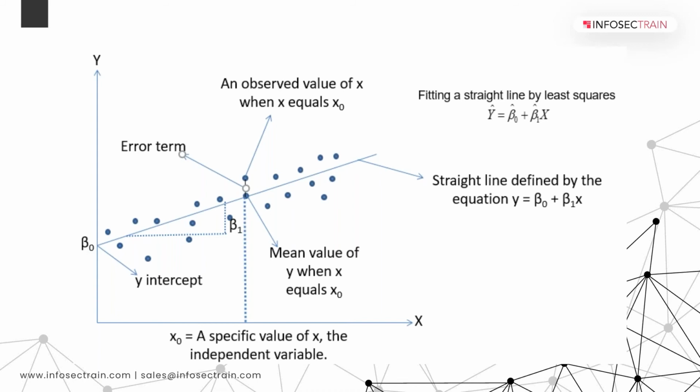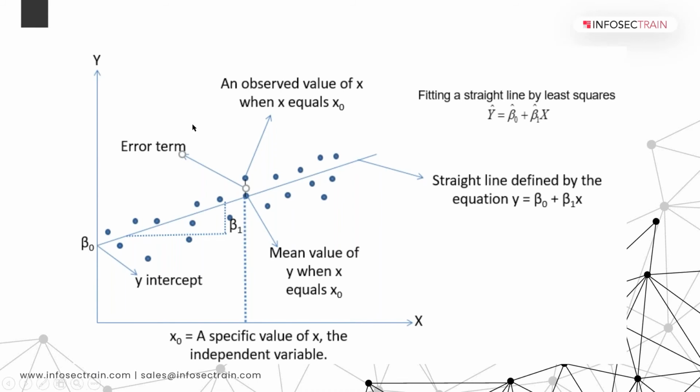Many times this is a very important interview question: what is the interpretation of the coefficients of your regression model? See here, beta naught and beta 1 are the two parameters, or the coefficients, of this particular equation. Beta naught is the initial value of your y.